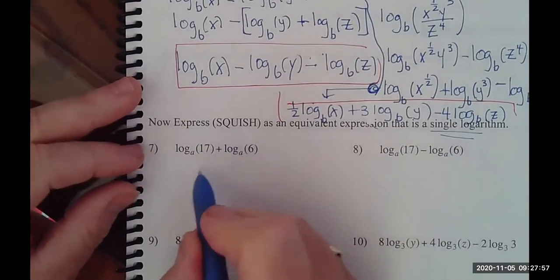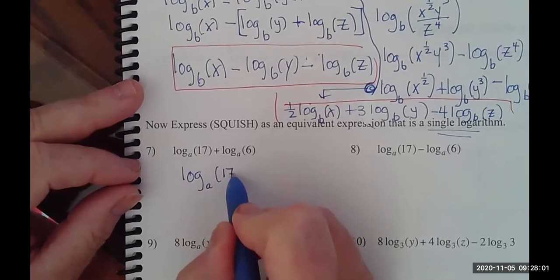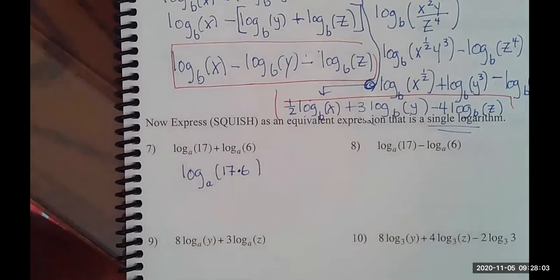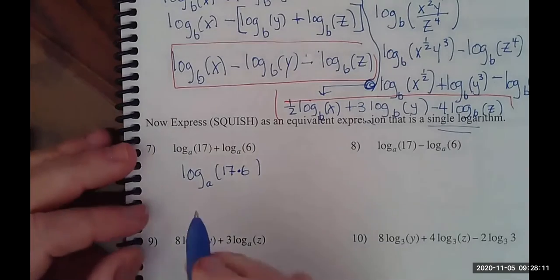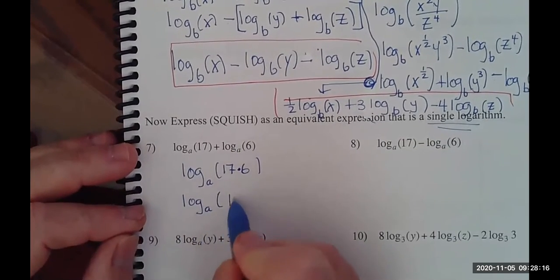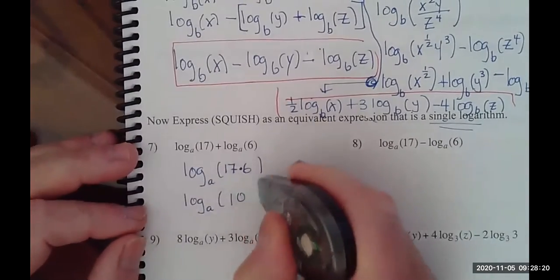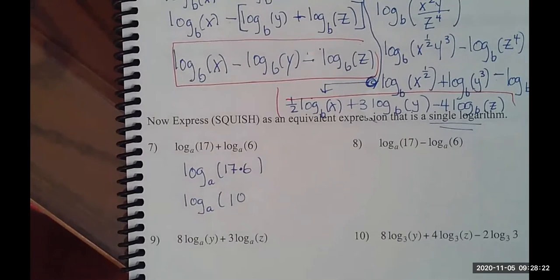All right, so this one here will be log base a of 17 times 6. And then they probably will ask, what's 17 times 6? I think it's 102. Someone can check me. I try to do mental arithmetic. Sometimes I'm not right, but most of the time I am. I did that in my head, no calculator.